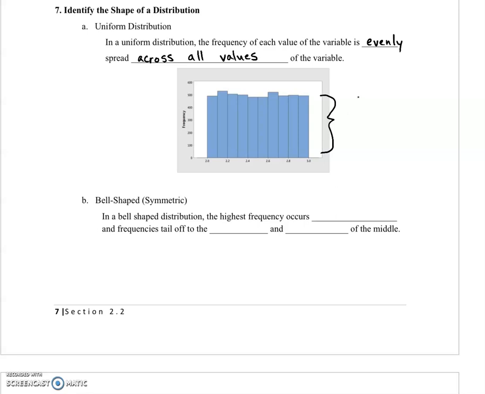It means every bar in the histogram is approximately the same height. So there can be a little variation like we have here, but by and large, they're all the same height.